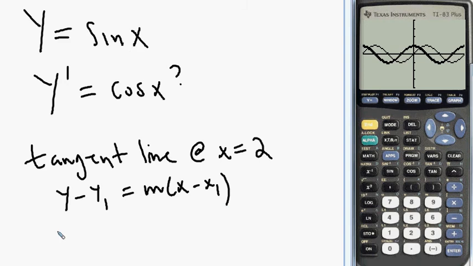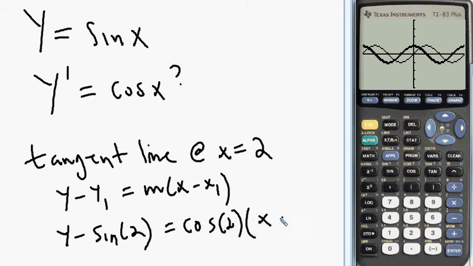It's going to be y minus sine of 2 equals cosine of 2 times x minus 2.